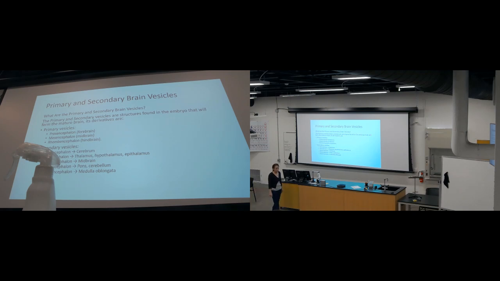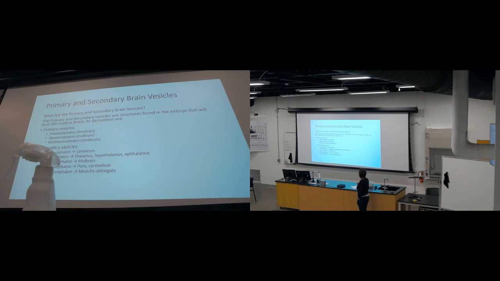And then our brain develops very early in development from some vesicles, which are dilations of the neural tube. So we have in the rostral or cephalic area of the embryo the formation of vesicles that are called primary and secondary vesicles.